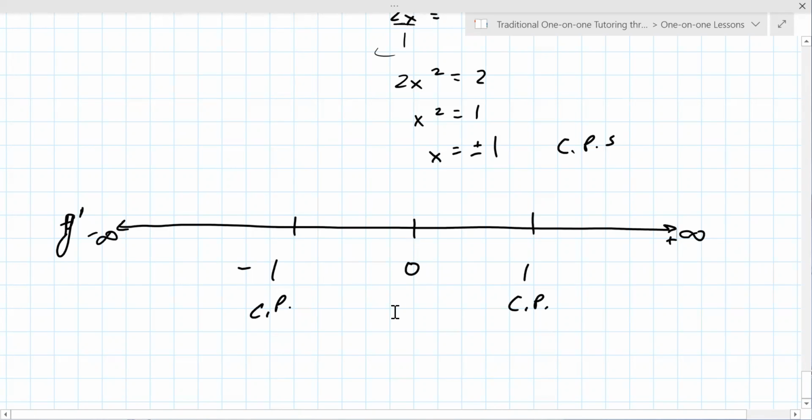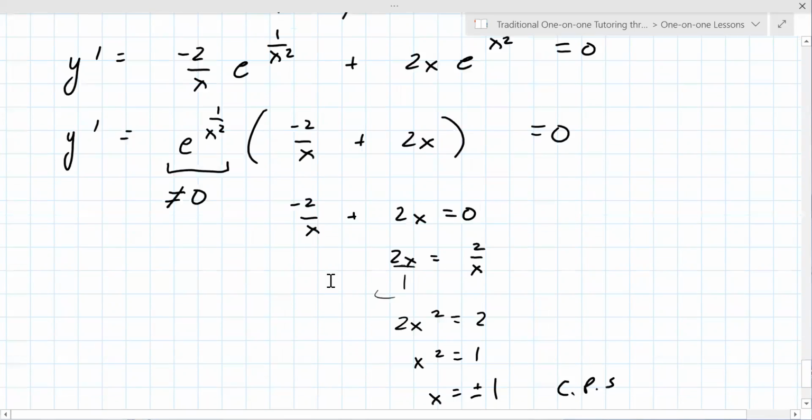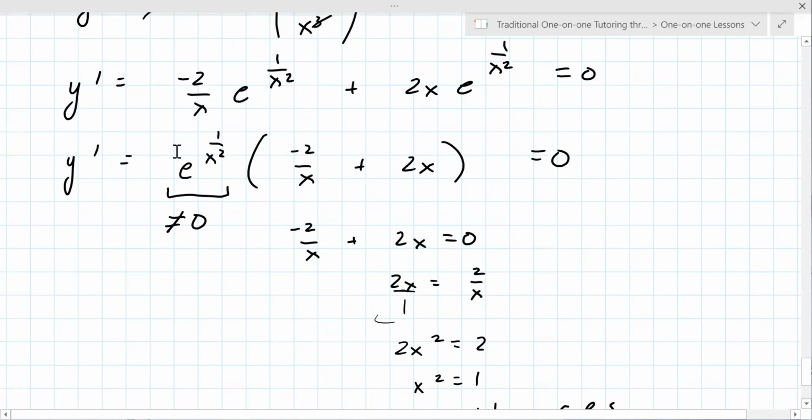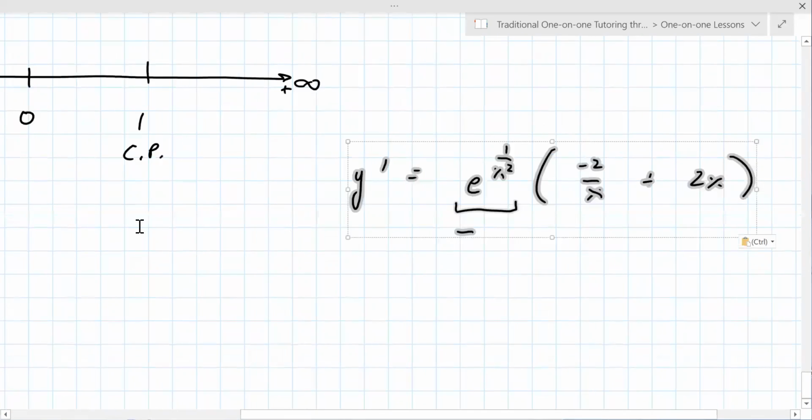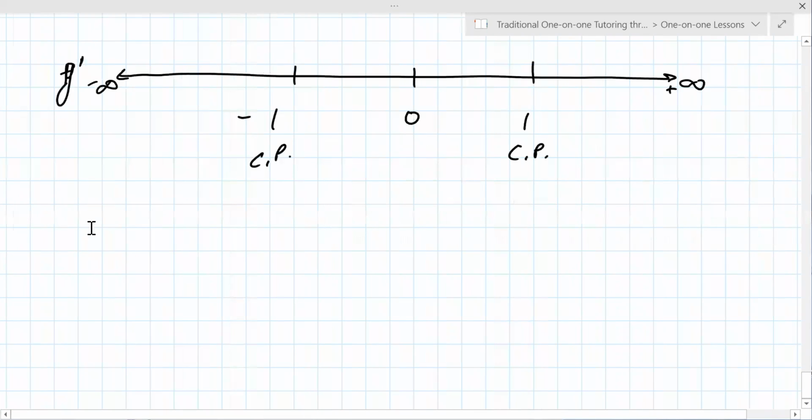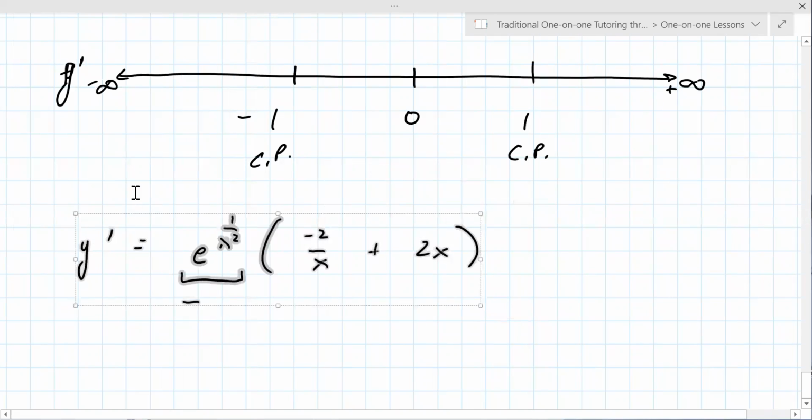Right. So you gotta test 1, 2, 3, 4 regions, and you're testing them in this factored line here. So I'm actually going to bring this back down, because you can get so far away that you don't know where it is. So you're testing it in here.